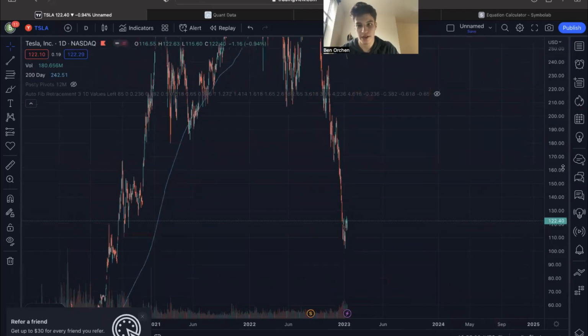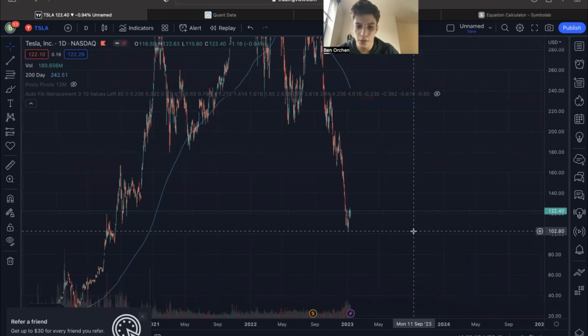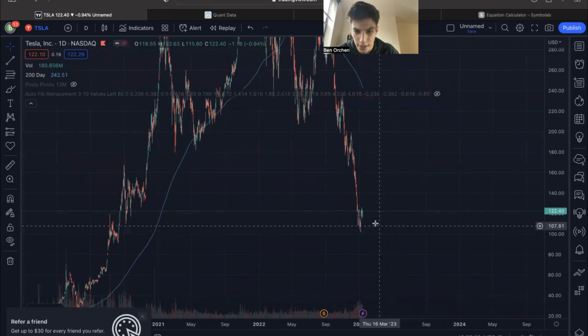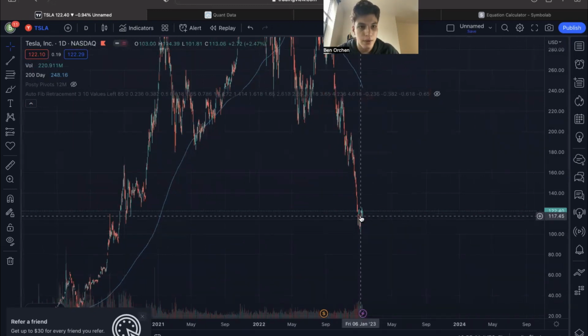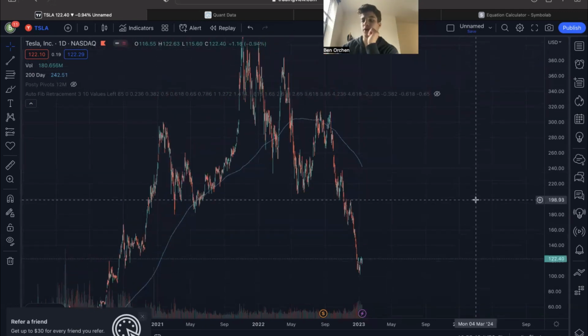But as we can see right here, Tesla found its 52-week low most recently at 101.81. So Tesla was delivering at this level.